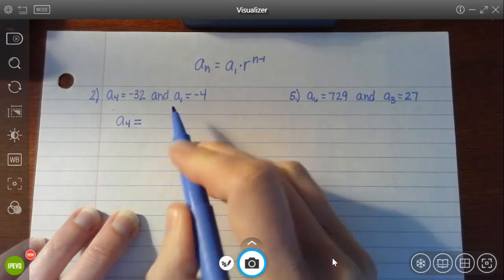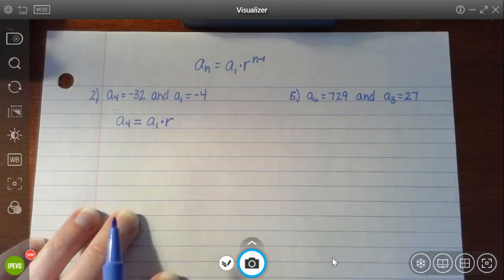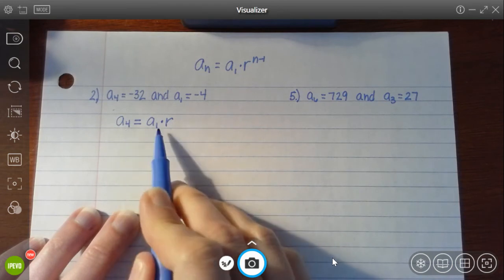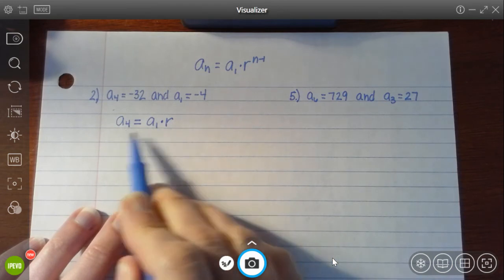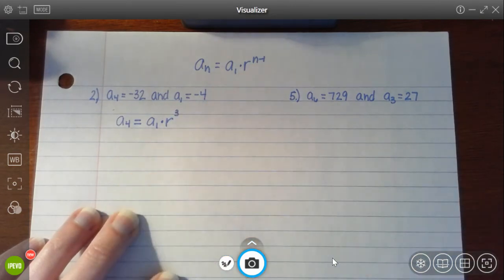So for this problem, it's a sub 1, multiplied by r raised to the difference between those term numbers. If I'm at term 4 and this one's at term 1, 4 minus 1 would be 3. So it would take me 3 jumps to get from term 1 up to term 4.